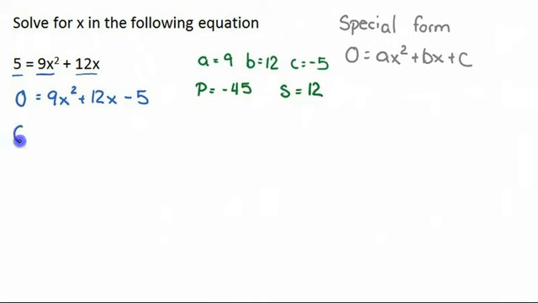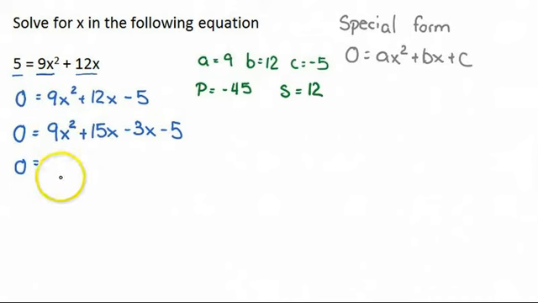So I'm going to come down here and apply decomposition. So we have 9x squared plus 15x minus 3x minus 5. And now I'm going to factor out the highest common factor from the first two terms. So that's 3x, and that's going to leave me with 3x plus 5.